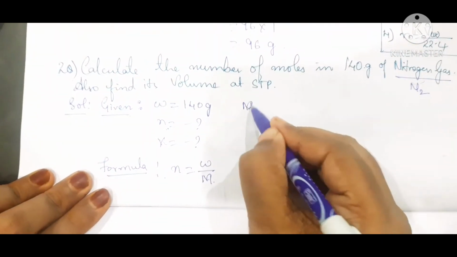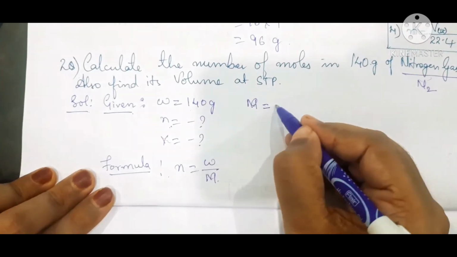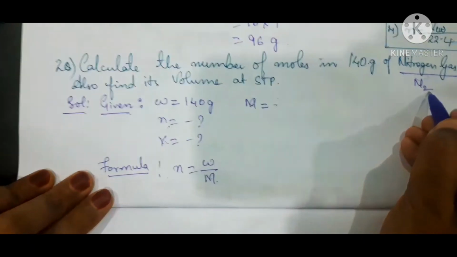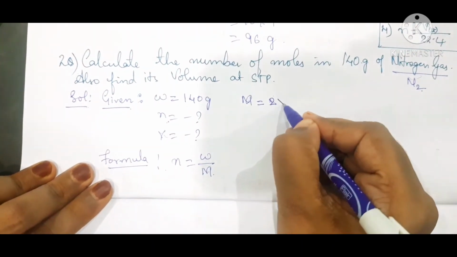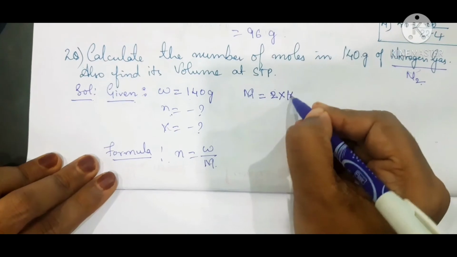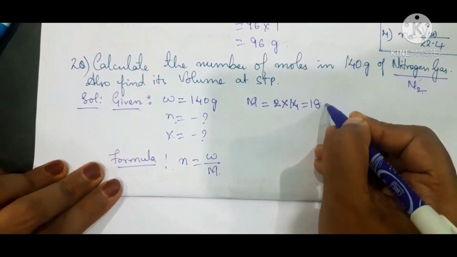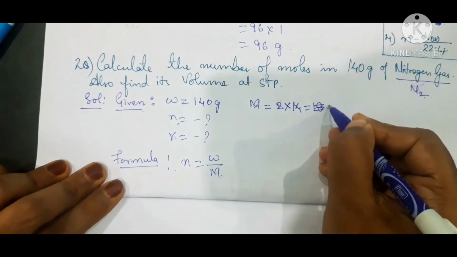What is M? M is the molecular mass of nitrogen. The atomic mass of nitrogen is 14, so 2 into 14 comes to 28 grams.